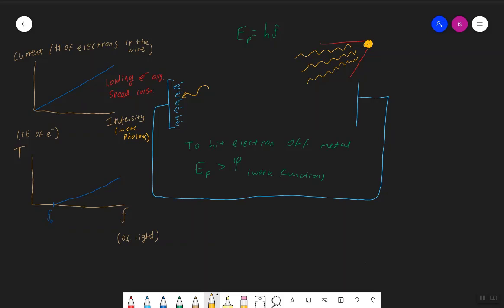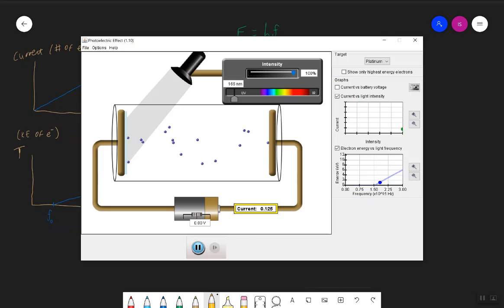And this is where we get the fact that light is a particle, because you don't just have a lot of light, high intensity, that will hit out a bunch of electrons. No matter how high the intensity is, if none of the photons have a high enough energy, none of them will hit the electrons.